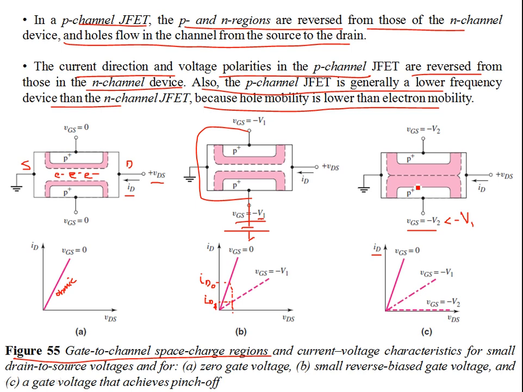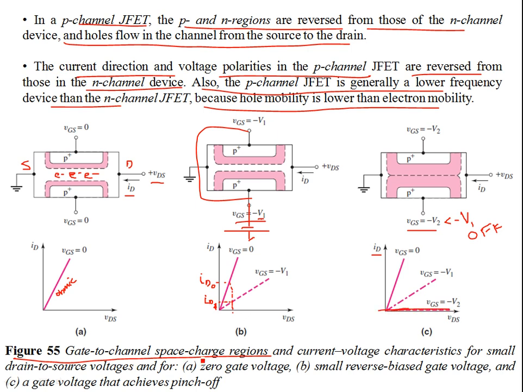There is no current because there is no channel left for the electrons to flow. The channel is gone. So that means that your transistor has been turned off over here. So in this stage, there is no conduction of current. You can see that for V2, ID is 0 over here.